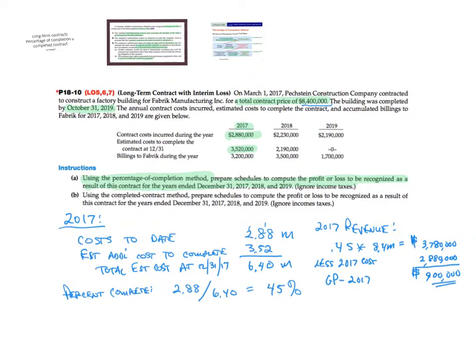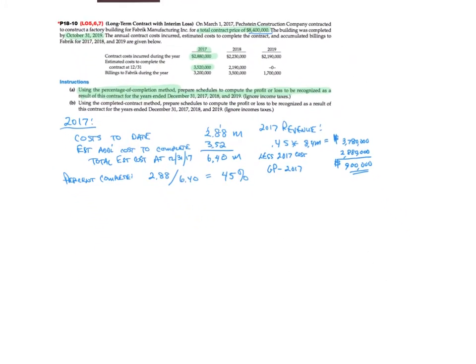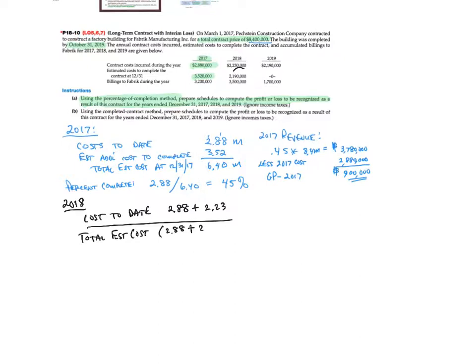Okay, so that's 2017. Now let's go down and take a look at what happens in 2018. In 2018, let's use black just to offset it a little bit. 2018, we have cost to date. That's the 2.88 plus the 2.23 divided by the total estimated cost, which is going to be the 2.88 plus the 2.23 that we've already incurred, plus the remaining 2.19.